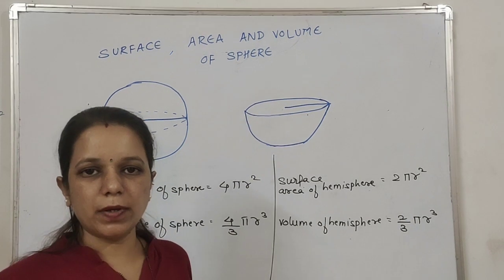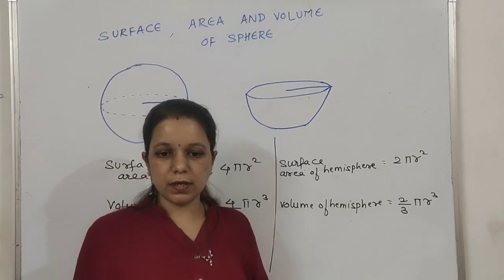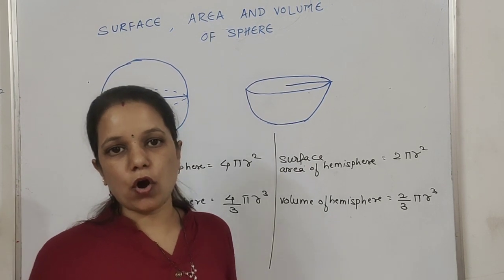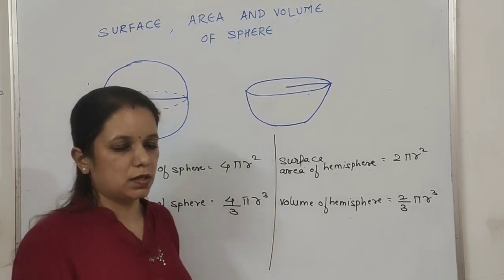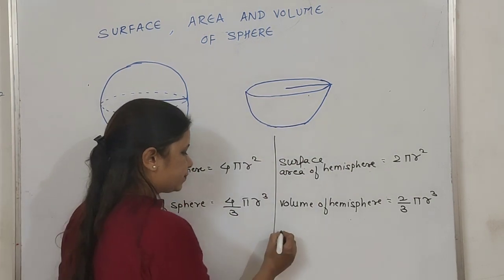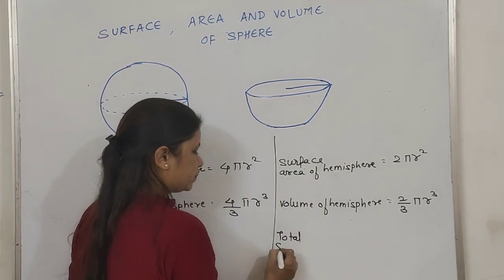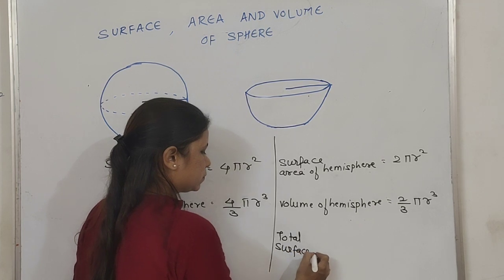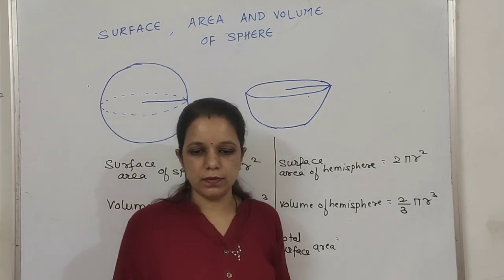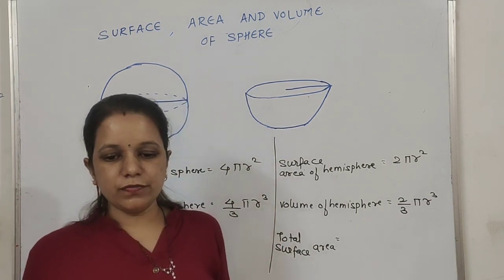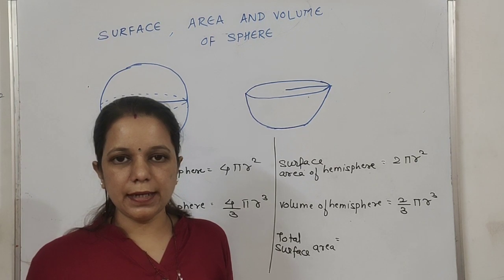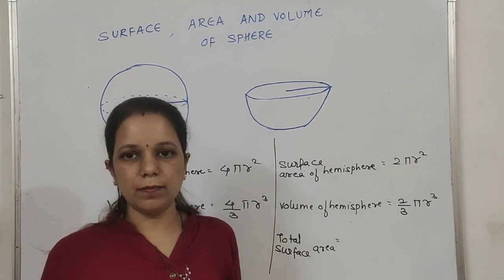Now one more formula related to sphere is the total surface area of a solid hemisphere. That is this. The total surface area is a combination of the area of a circle plus the area of the hemisphere.